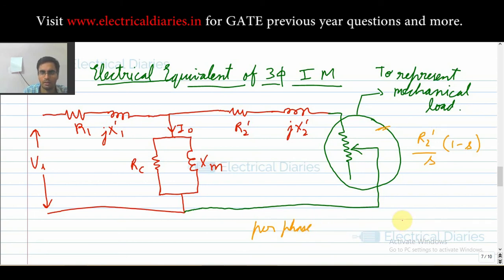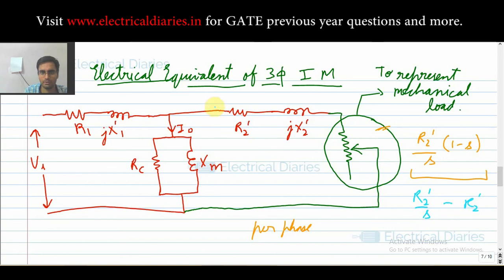If you solve this expression, this is also a good thing I should tell you: R2 dash by S minus R2 dash.